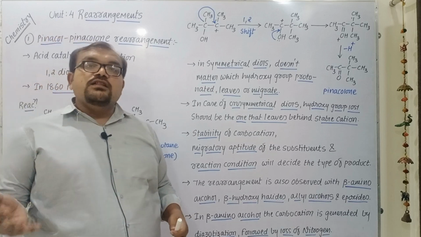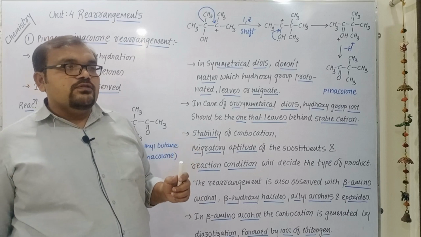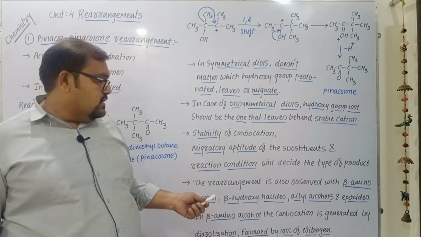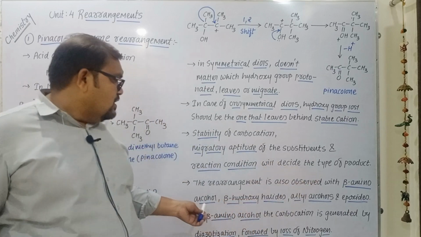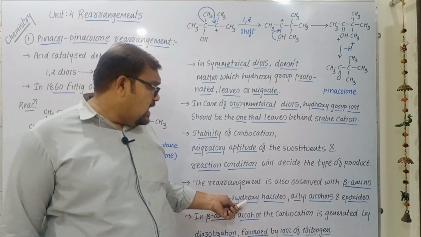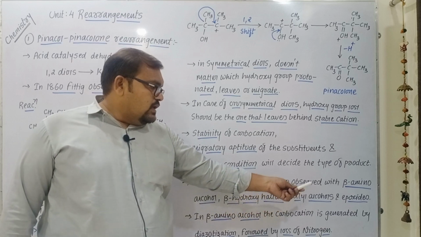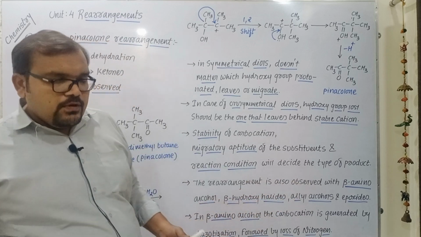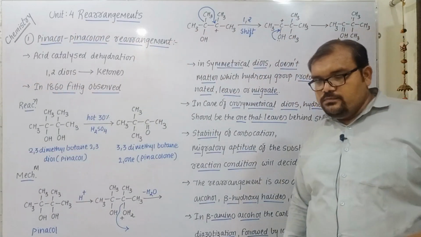Now which other compounds undergo such Pinacol-pinacolone rearrangement? Such compounds are beta amino alcohol, beta hydroxyaldehyde, allyl alcohol and epoxide. These are the compounds which can easily undergo this type of rearrangement.